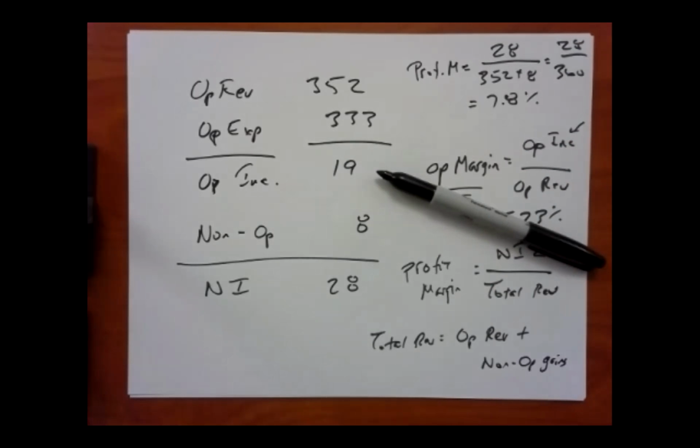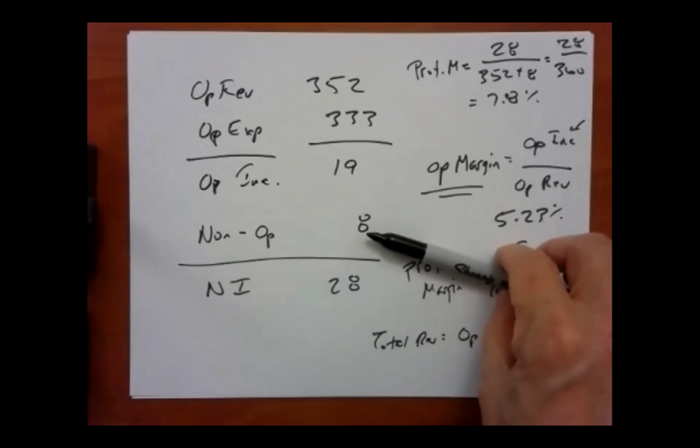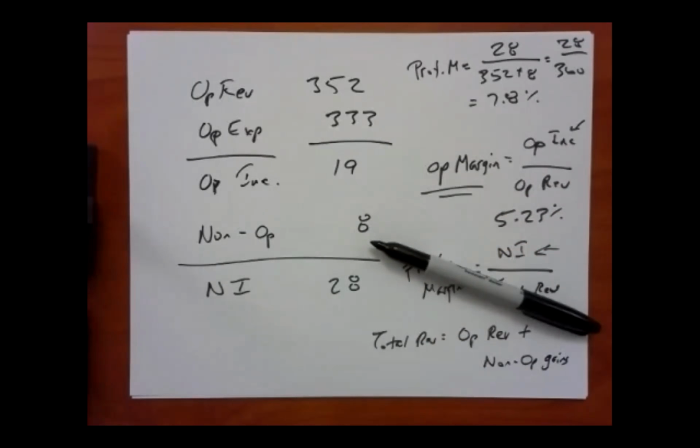The core business is not functioning properly for whatever reason. In healthcare, that might be because we've had a change in the way we are billing or being reimbursed. So it might not be the fault of the organization, but the reality is the core business is not operating correctly. And a good non-operating profit or non-operating income can hide that fact.